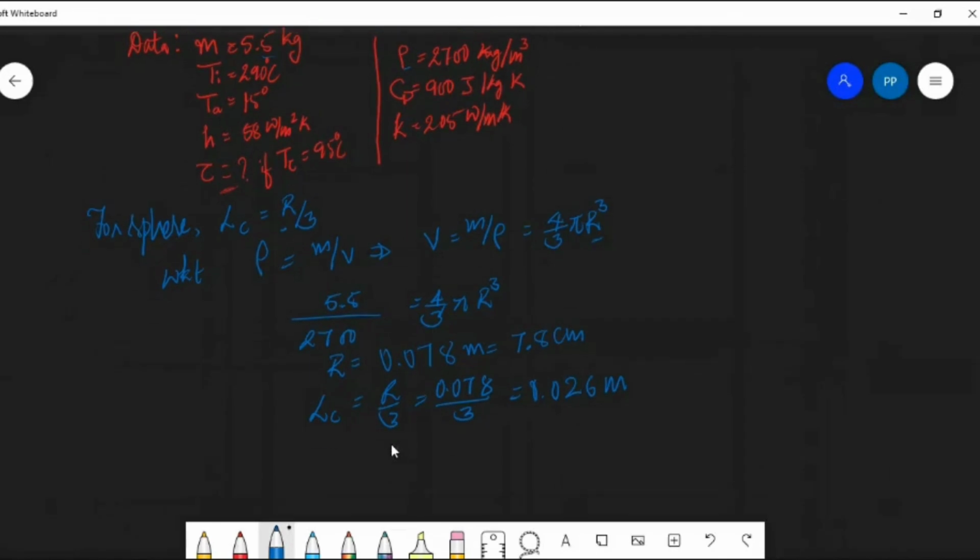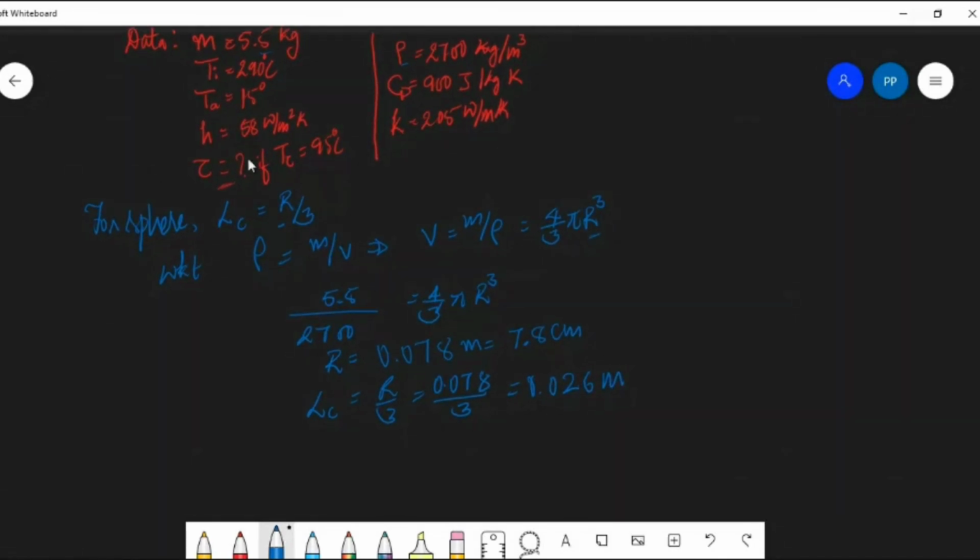Now let us also calculate the Biot number. We know h, we know k, so we can calculate the Biot number value, although that is not required in the problem. Biot number Bi will be equal to h into Lc divided by k, which is equal to 58 into 0.026 divided by 205.